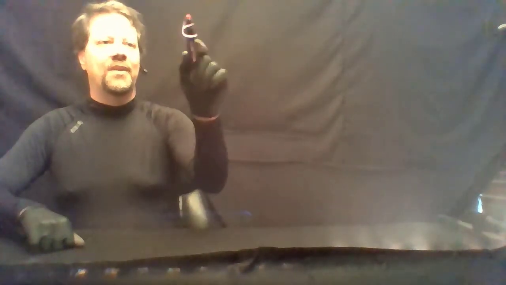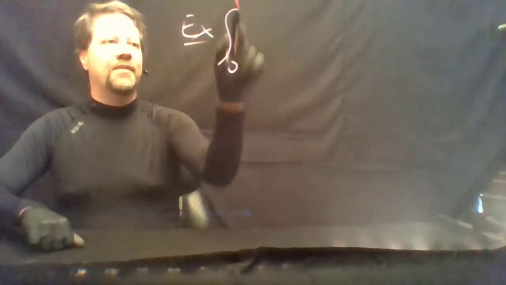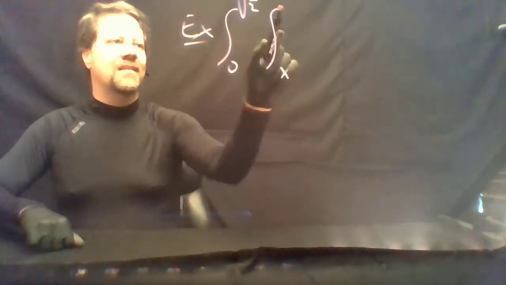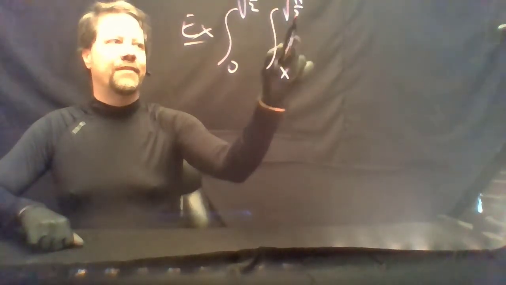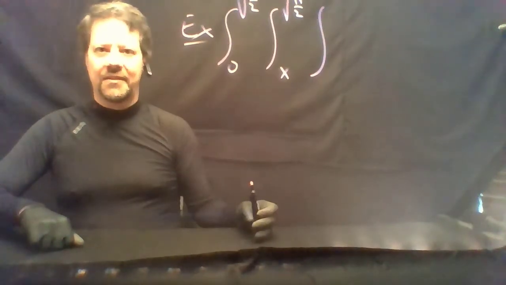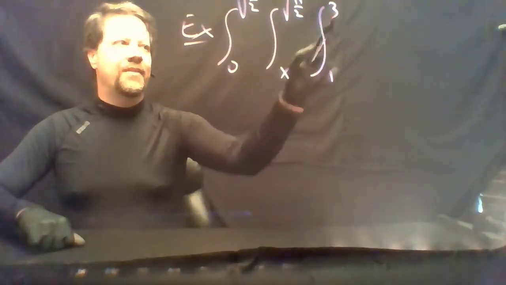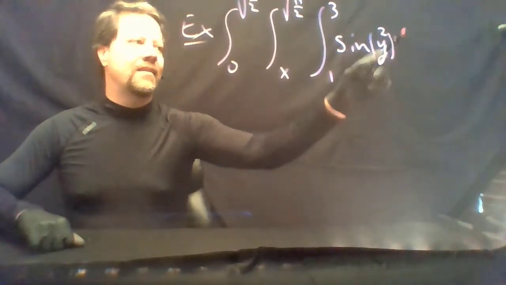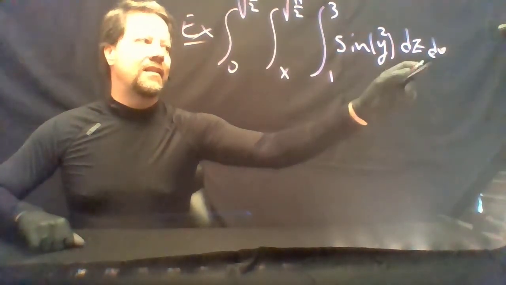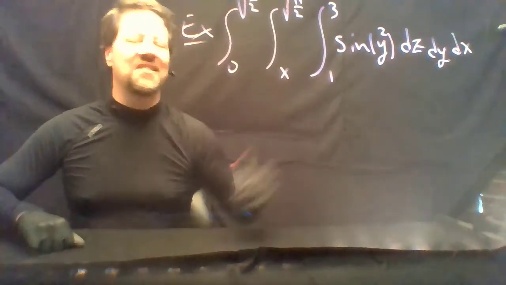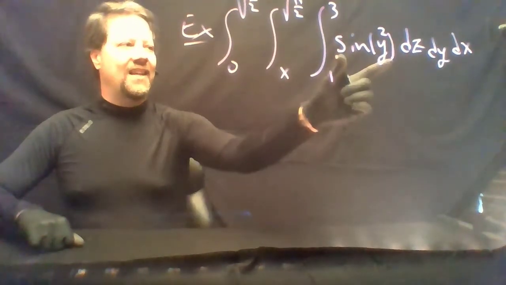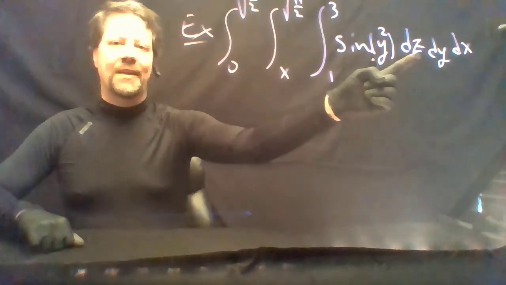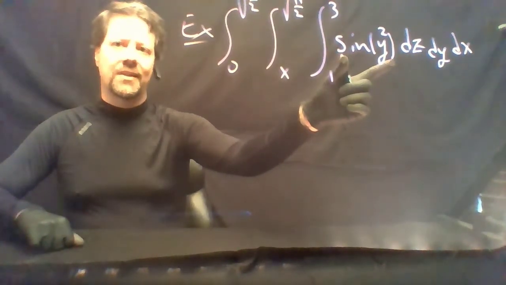Suppose I want to calculate the integral from 0 to the square root of pi over 2, the integral from x to the square root of pi over 2, and the integral from 1 to 3, the sine of y squared, dz, dy, dx. The integrand does not depend upon z, so when integrating with respect to z, we treat sine of y squared as a constant.